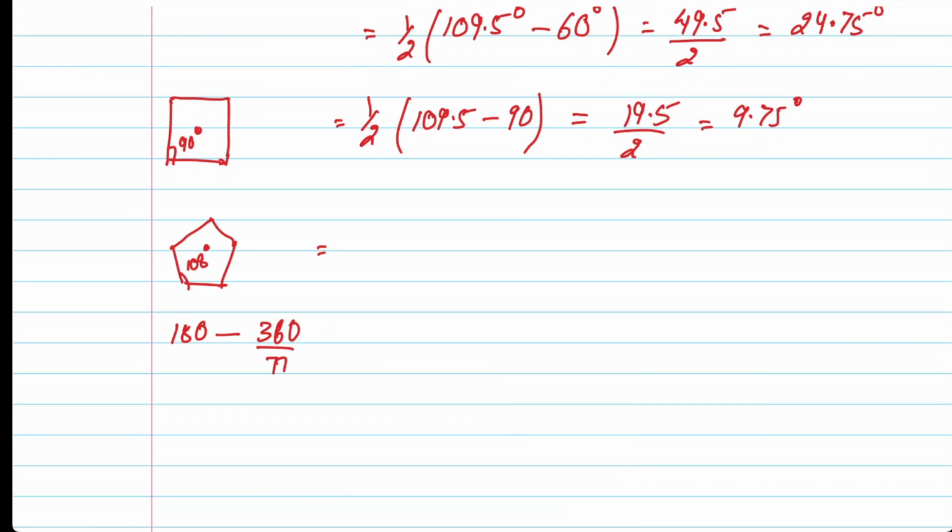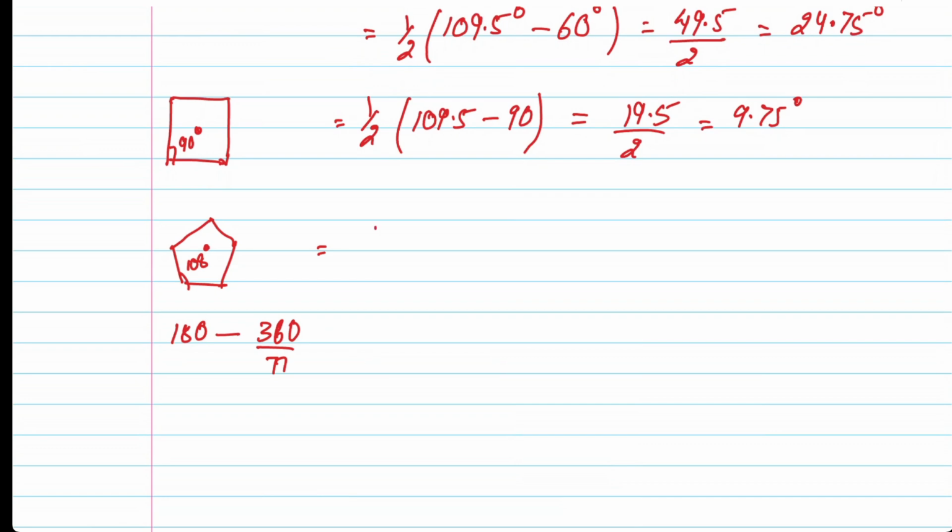So in the case of a pentagon, it turns out to be 180 minus 360 by 5. 360 by 5 is 72, so 180 minus 72 is 108 degrees.